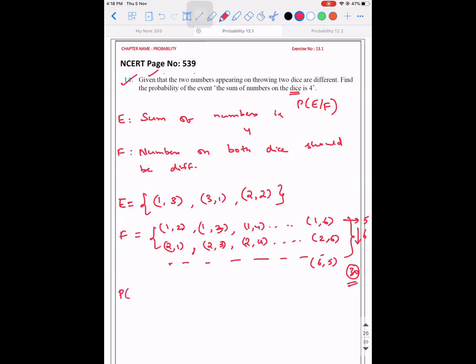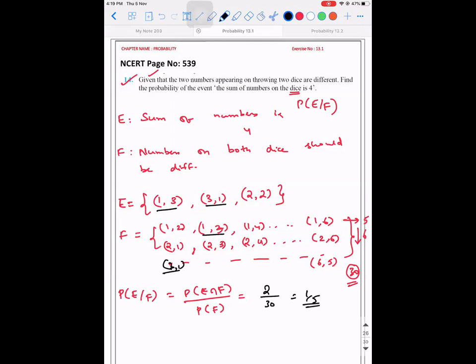So we need the probability of E given F, that is the probability of E intersection F divided by the probability of F. What is common in both? 1,3 and 3,1 will be here, right? So 2 are common out of the number of elements in F, which are 30, which will be 1 by 15. Did I miss something?